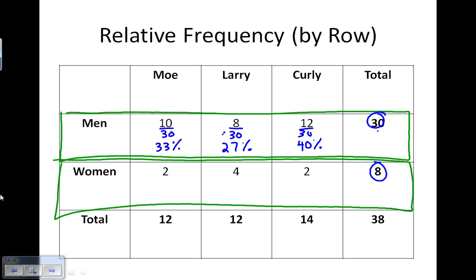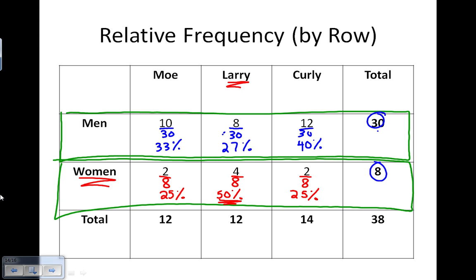We can do the same thing, however, for the women. Over 8, over 8, over 8. These actually work out quite nicely. This is 25%, 50%, and 25%. So we can conclude that 50% of the women voted for Larry, and then 25% of them voted for Moe versus Curly.